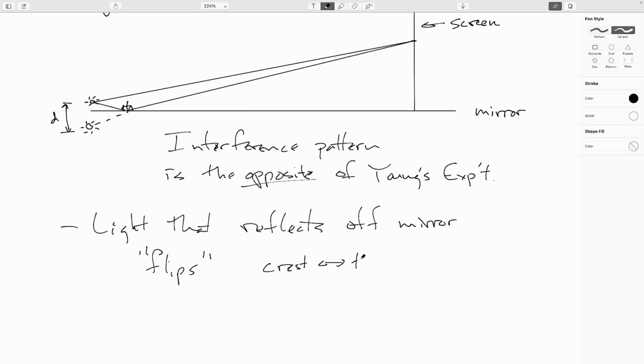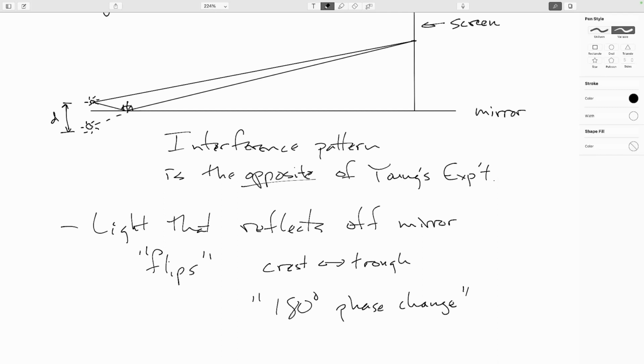The fancy physics jargon way of saying this is that you have a 180-degree phase change. But all that means is the light that hit the mirror, if a crest hit the mirror, when it reflected off the mirror, you had a trough, and if you had a trough when it hit the mirror, it reflected back with a crest.